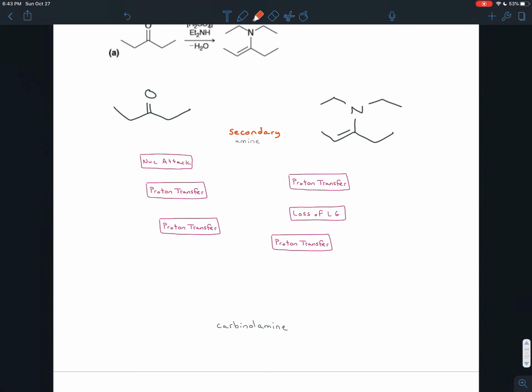And then let's see if we can picture the carbinolamine. Now we're taking two bonds to oxygen, we're replacing them with a bond to a nitrogen, and then this other pi bond here. So we'll still have one bond to the oxygen there in the carbinolamine, but we'll have another bond going to the amine.